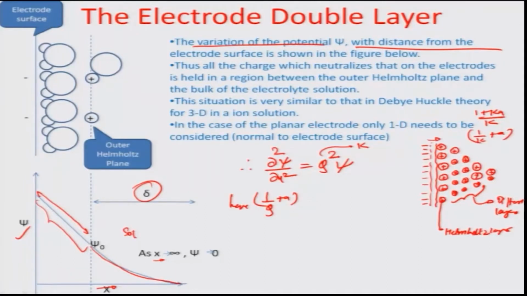So this came out to be the effective ion radius of the surroundings.